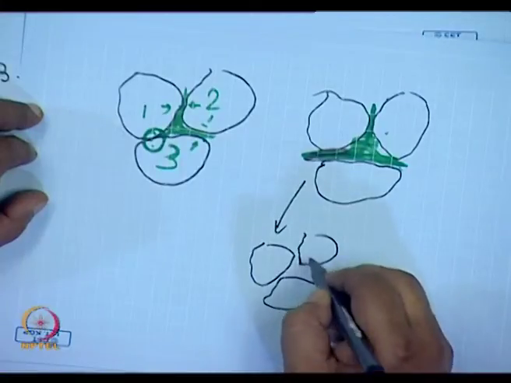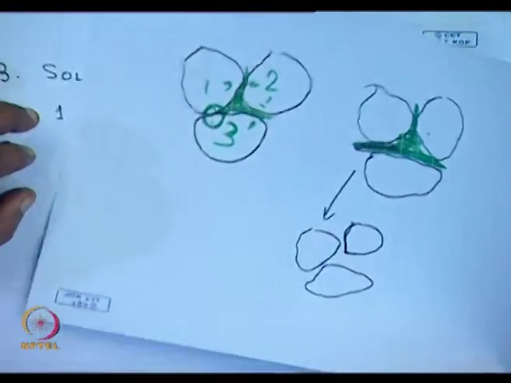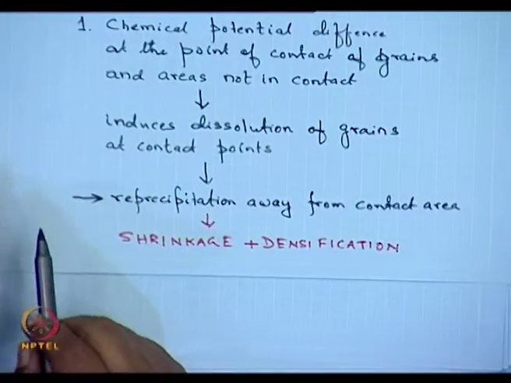Oops, this should be a round one. And at this particular place what happens is reprecipitation occurs. I have written it in a single word which is not fully conveying the meaning. I have written this: reprecipitation away from contact area.